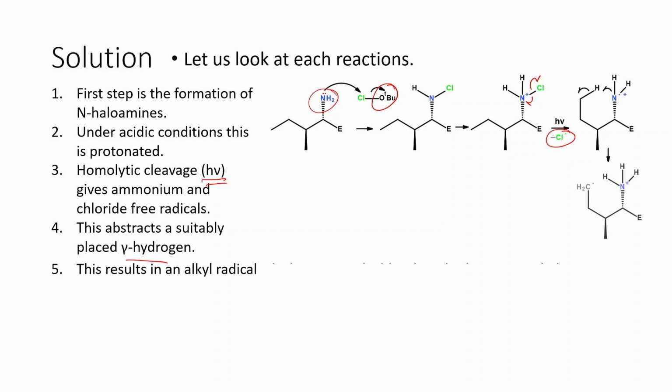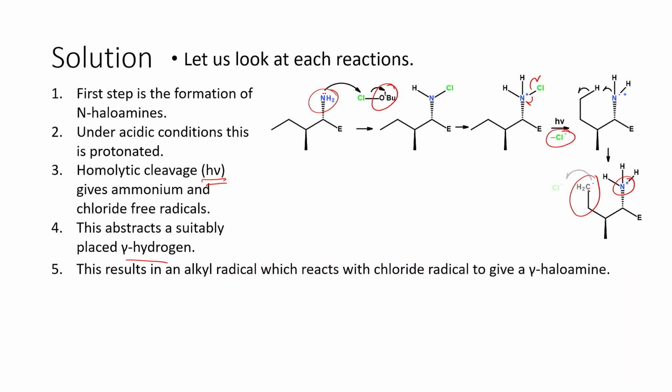So that leads to an alkyl radical being formed. So the conversion of the cation radical to an alkyl radical is happening. In this particular case we still have an ammonium ion, and once a radical is formed, the next step is that the liberated chlorine radical from the previous step reacts with this alkyl radical.